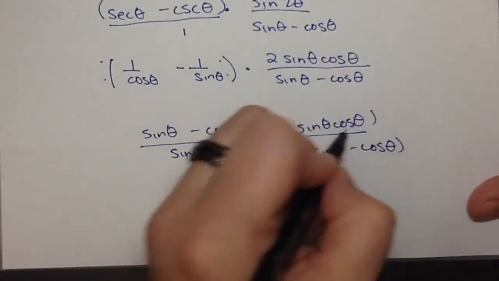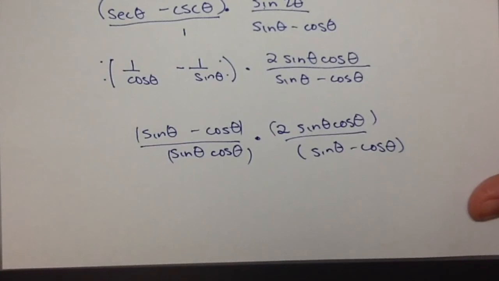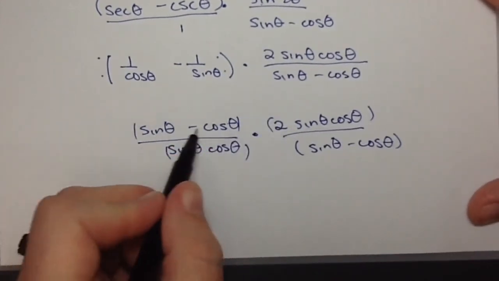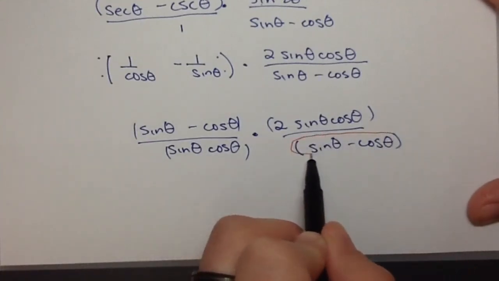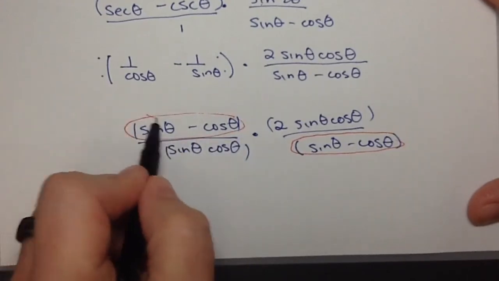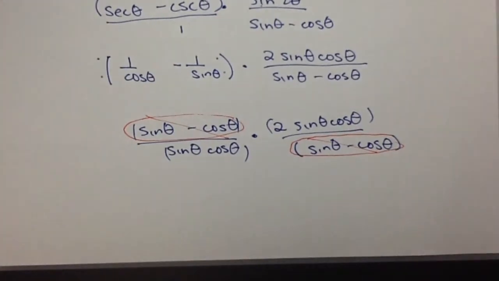Oh my goodness, it looks like we'll be able to cancel some stuff. So in the numerator here, the first term is sine theta minus cosine theta, which is identical to the second term in the denominator, sine theta minus cosine theta. So these cancel, which is pretty cool.